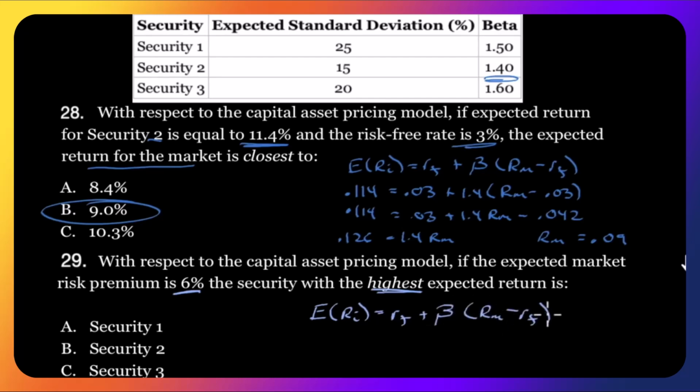No matter what asset we choose, they'll all face the same risk-free rate, and they'll all face the same equity risk premium. So the highest return would belong to the highest beta. So all we have to do is just look down. Security 3 has the highest beta. Must be security 3. There it is right there, security 3.